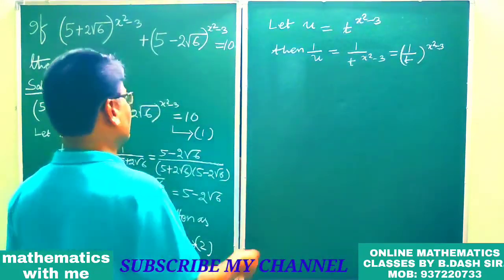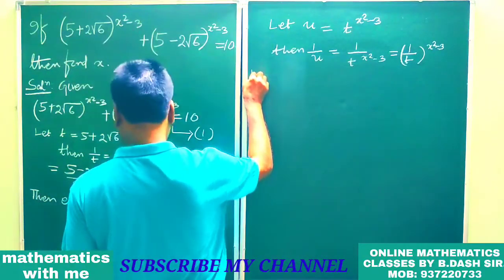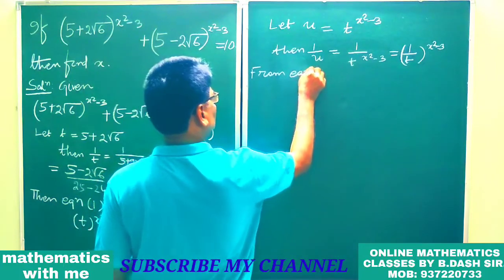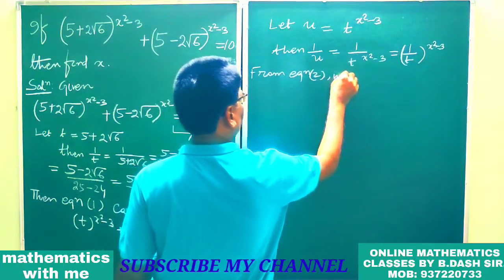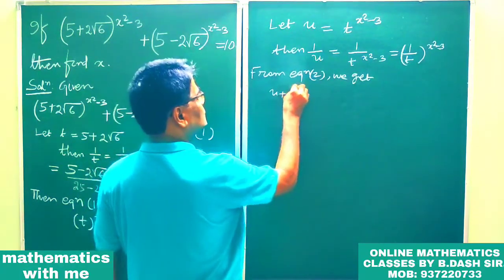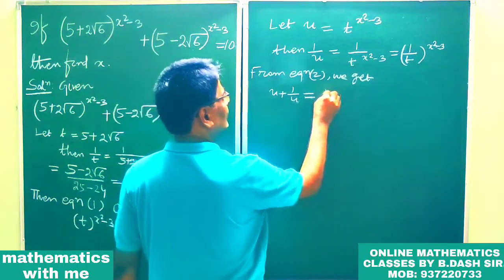So, from equation 2, we get u plus 1 by u is equal to 10.